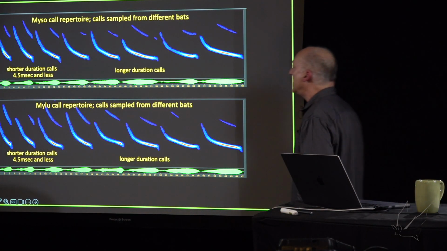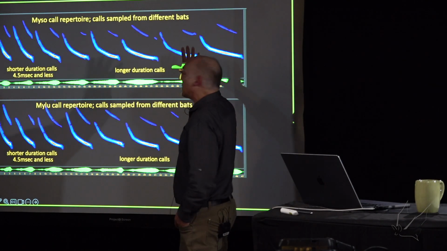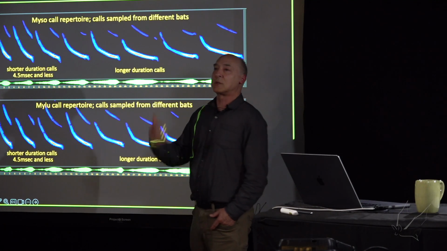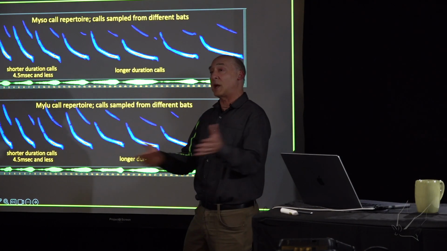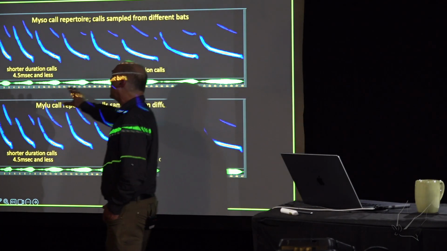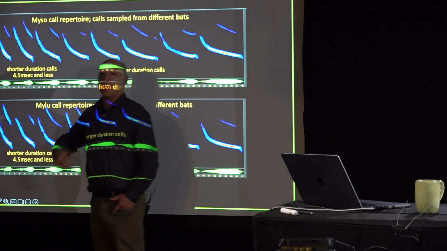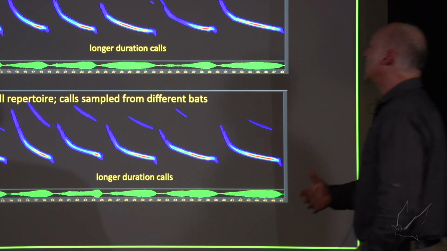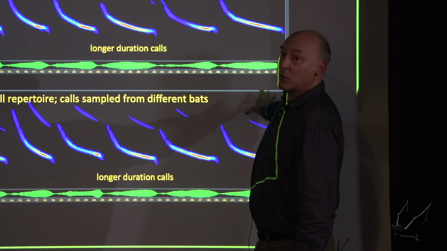And this gives us the ability to get these longer duration calls, because zip line or hand release or just at a roost where the bat's first initiating flight, you're only getting these shorter duration calls. And when the bat settles into its flight and is doing its search phase calls, it's doing these longer duration calls.